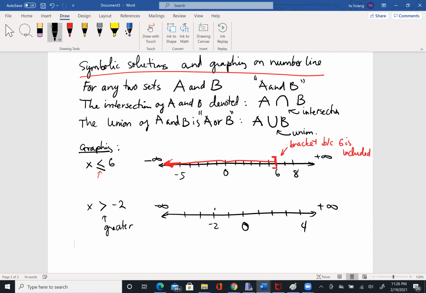Since it's not included, I'm going to have a parenthesis at -2, because -2 is not included.